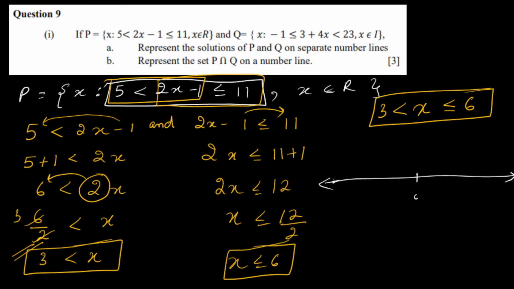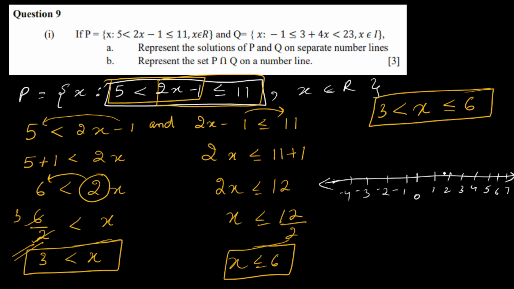So x belongs to real numbers. On this side I have negative numbers. On both sides you have to draw arrows because the numbers are continuing. So here I have 1, 2, 3, 4, 5, 6, 7 and so on.